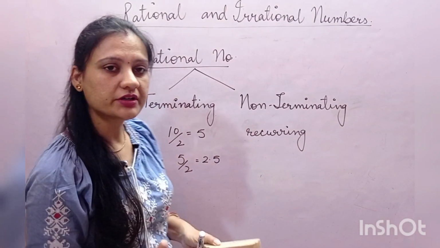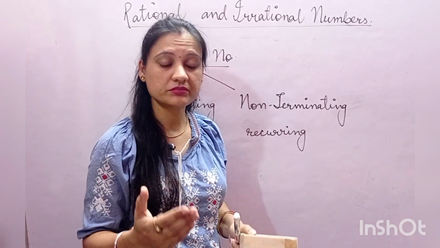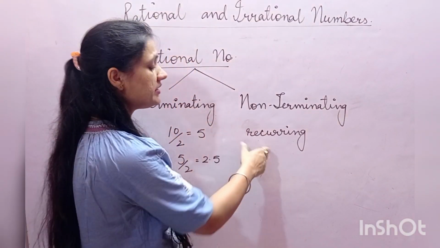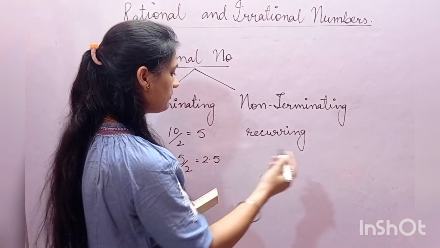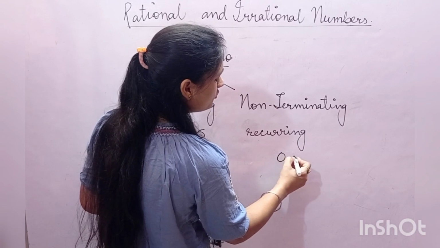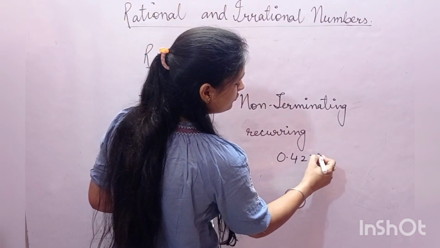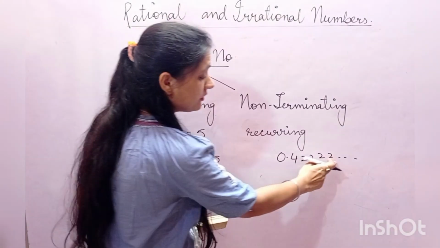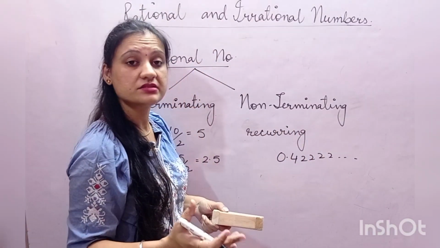Now what are non-terminating? Non-terminating numbers are those where we cannot get 0 because the number is recurring, meaning repeating. For example, if you divide a number, you get an answer like 2.32222, and so on. So this is non-terminating, meaning we will not get 0.